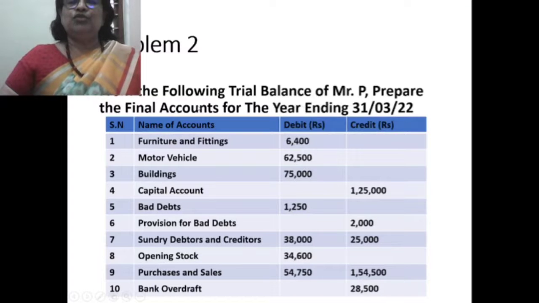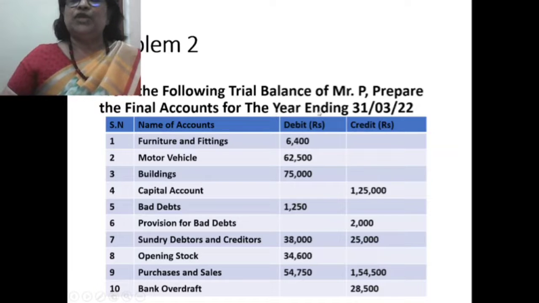So problem 2, from the following trial balance of Mr. P, prepare the final accounts for the year ending 31/3/22. Furniture and fitting 6,400, motor vehicle 62,500, building 75,000, capital account 1,25,000, bad debts 1,250, provision for bad debts 2,000, sundry debtors and creditors.